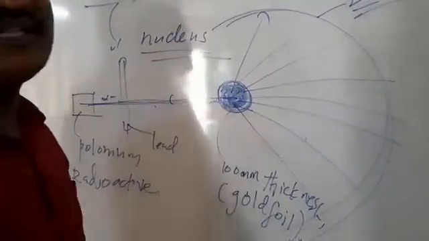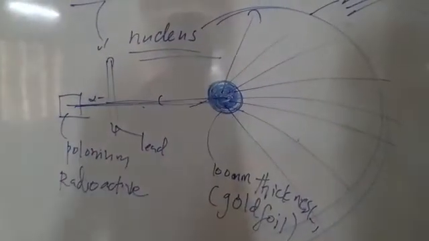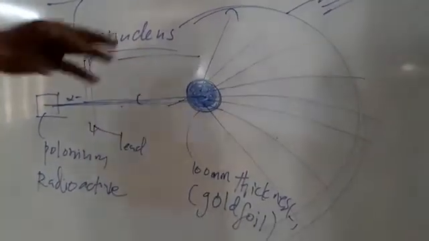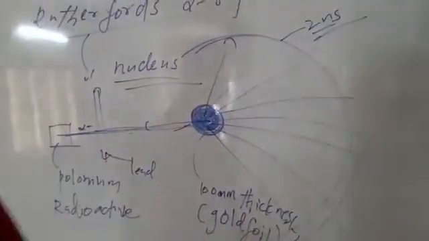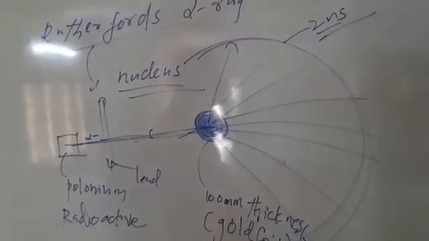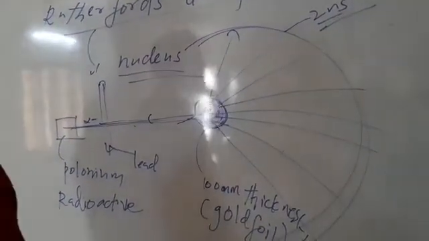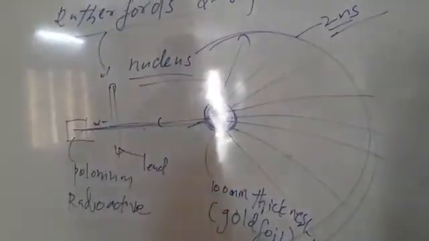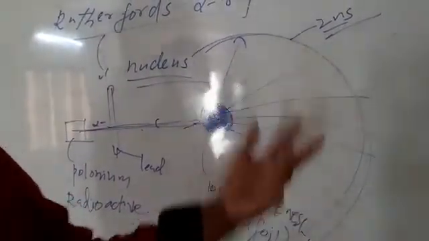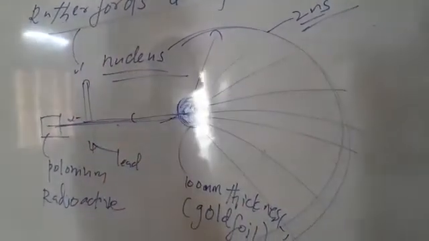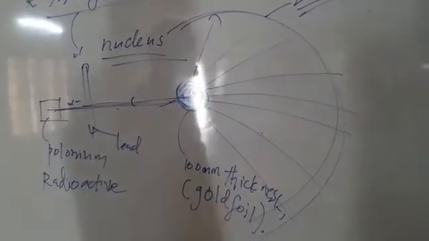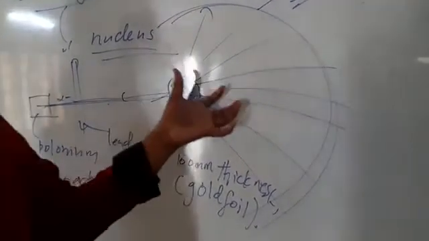So 99% of the particles move through the gold foil. That means he understood that the atom is mostly hollow, with maximum empty space, and few particles are deflected.